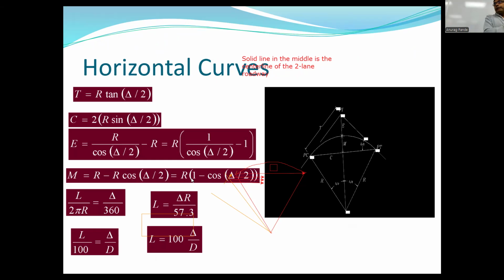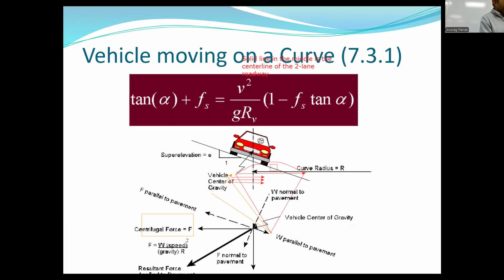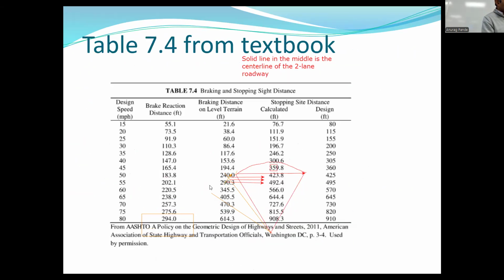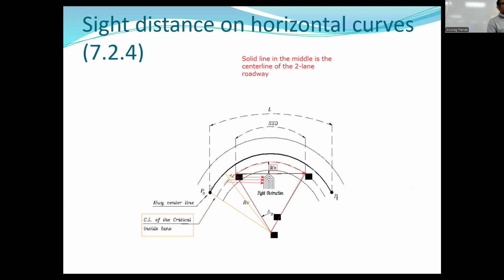But now I'm interested in applying this same equation, M equal to R times 1 minus cosine delta over 2, on this curve right here. So my equation looks something like this: middle ordinate is equal to R times 1 minus cosine delta over 2.